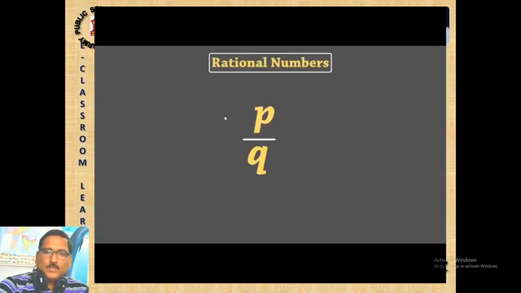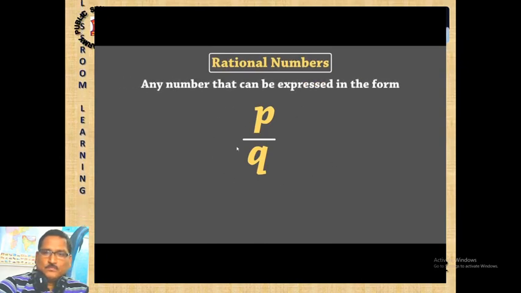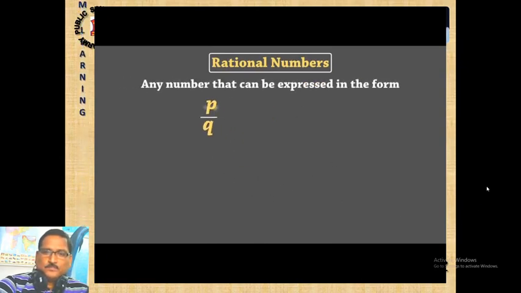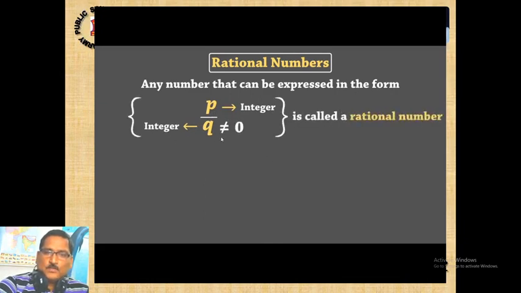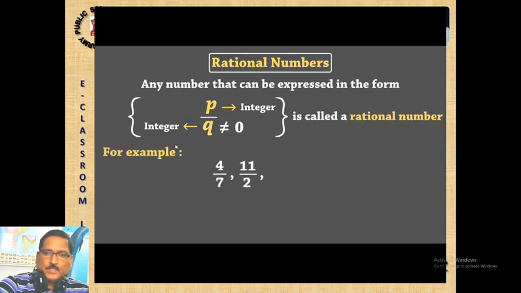The idea of the rational number, p by q form. p will be any integer, q also an integer but a non-zero integer. Like, for example, these are examples of rational numbers.